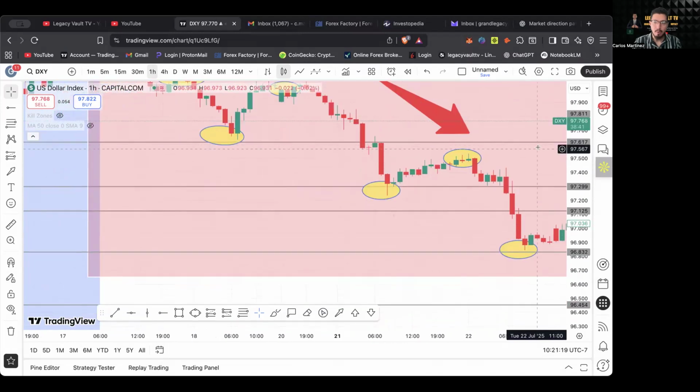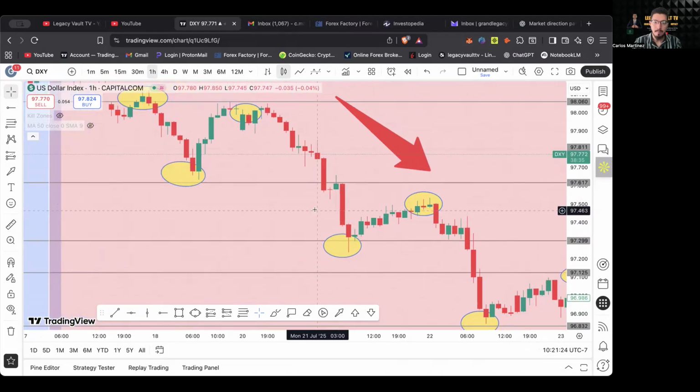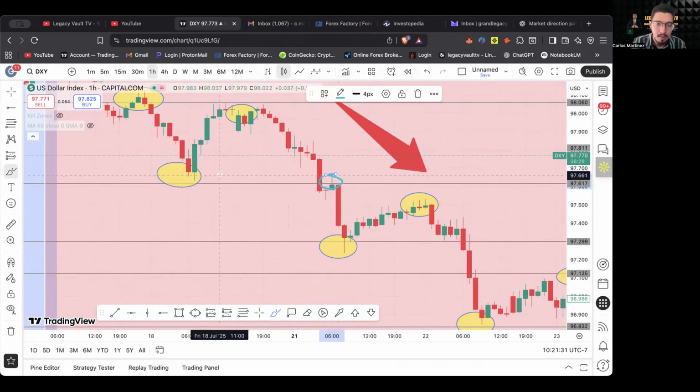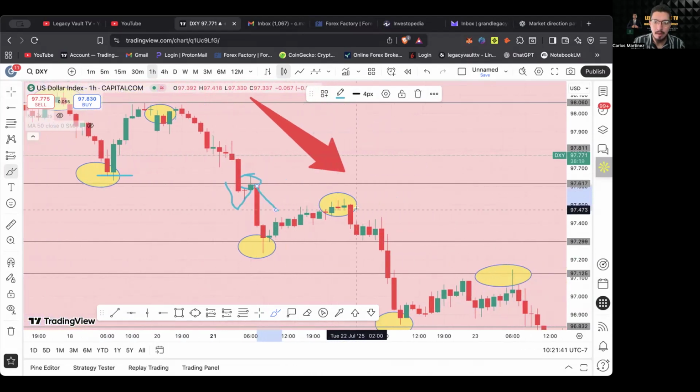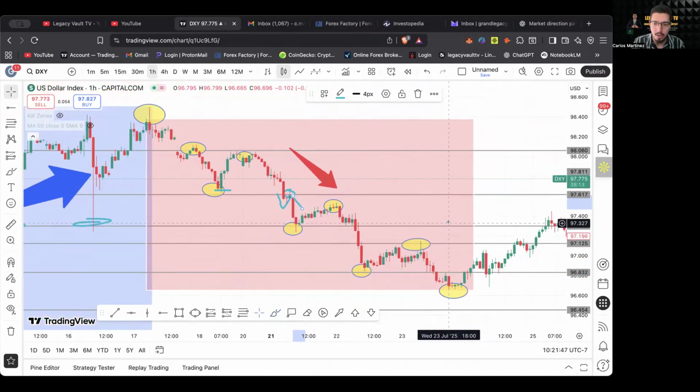Then price broke below this price level, created a new lower low, and came back up to retest here. Price broke below this zone, this area, this level, came back down to retest for the continuation to the downside. And that's how you can spot a break of structure and retest.